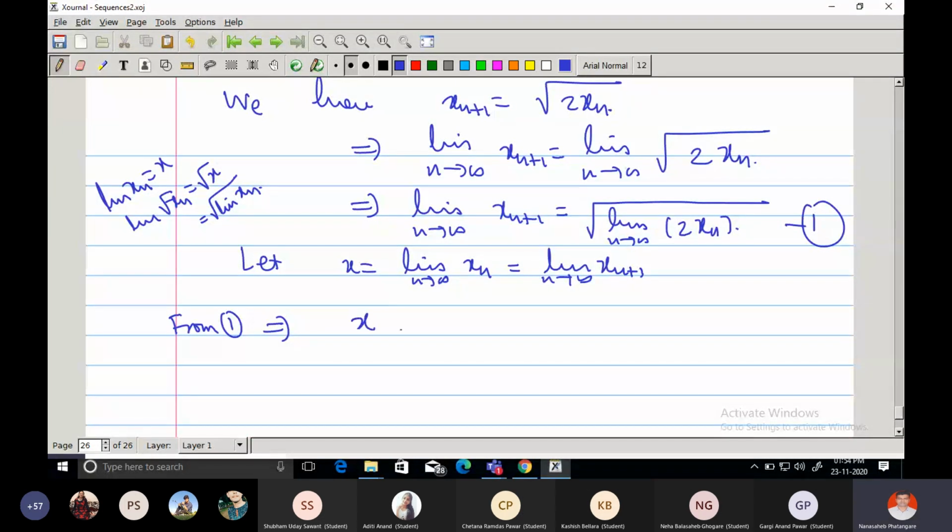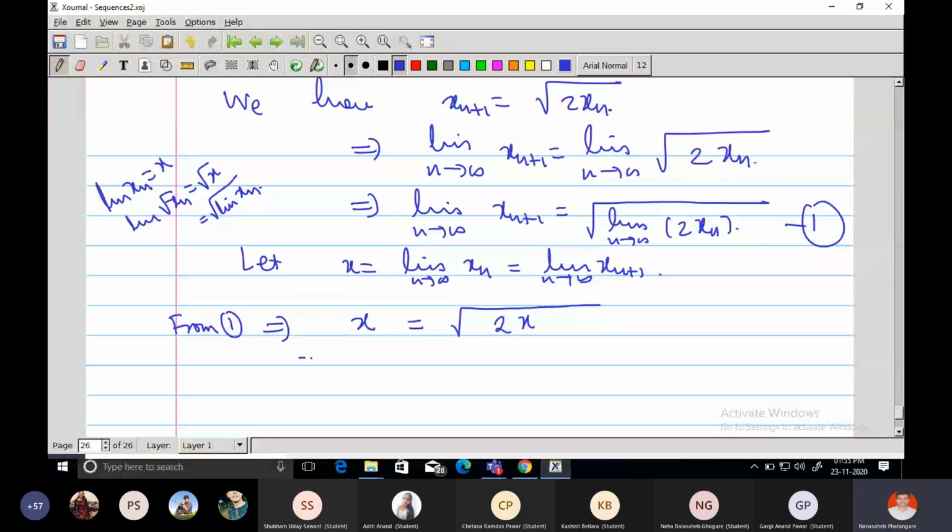What is the right hand side? The limit of 2x_n. What is it? 2x. Because the limit of a constant times x_n is the constant times the limit of x_n. That is what we know. Therefore, if x is the limit, x satisfies this.